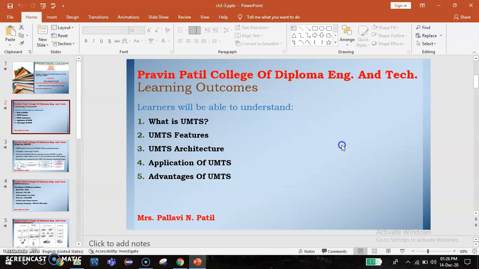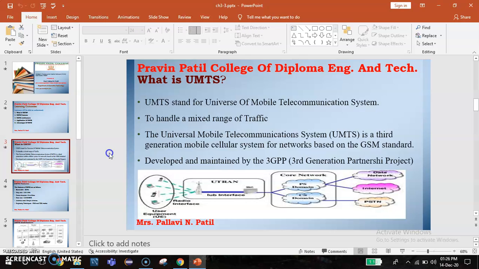Let's see the first. What is UMTS? UMTS stands for Universal Mobile Telecommunication System to handle a mixed range of traffic. The Universal Mobile Telecommunication System is a third generation mobile cellular system for networks based on the GSM standard.